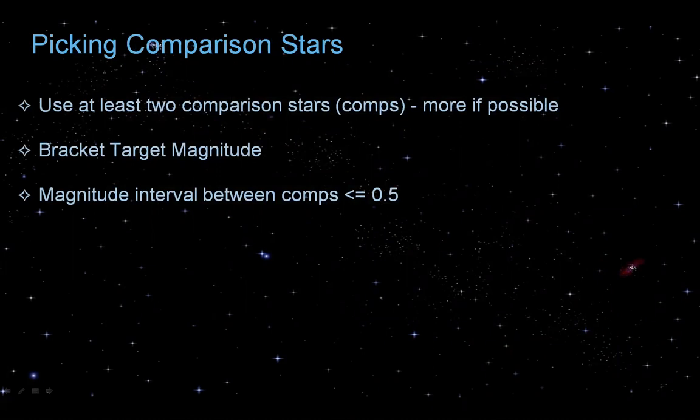You want to bracket the target magnitude, meaning you want to pick a comparison star a little bit fainter than the variable star as you see it right now, and a little bit brighter than the variable star as you see it right now or during your observation. And the other thing you can try to do, sometimes it's quite difficult, is the magnitude interval between the 2 comparison stars shouldn't be more than about 0.1, 0.5 magnitude. That's quite difficult to achieve sometimes, but do the best you can.